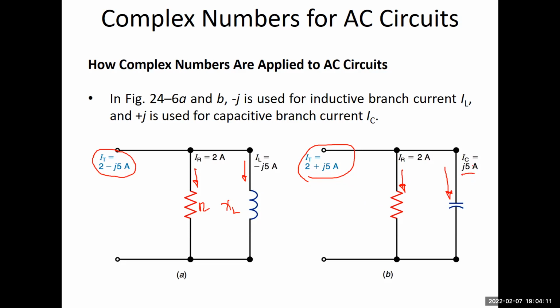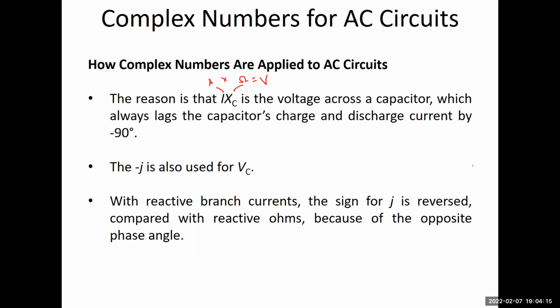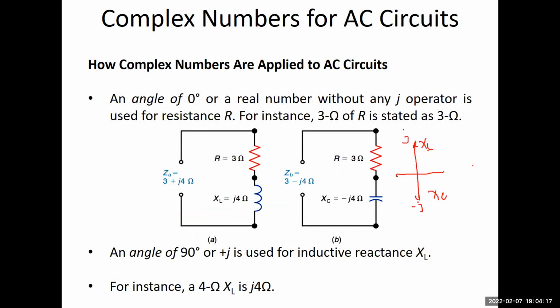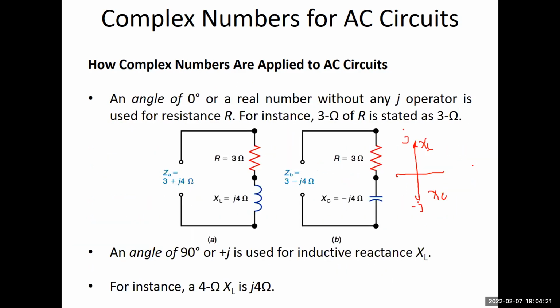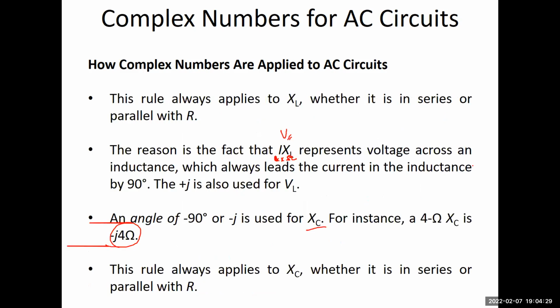So you have to get the difference between the series one and the parallel one. When we talk about series, or if the circuit is in series, then we are talking about voltage.